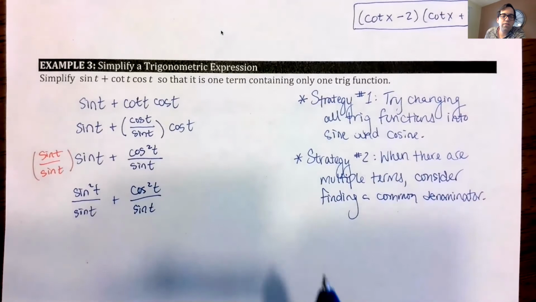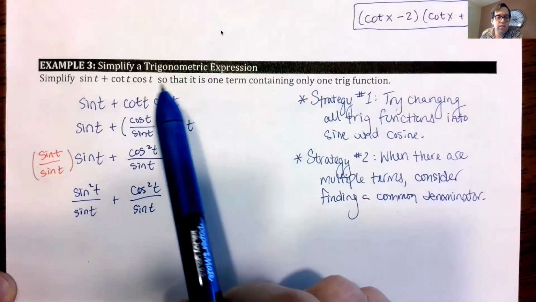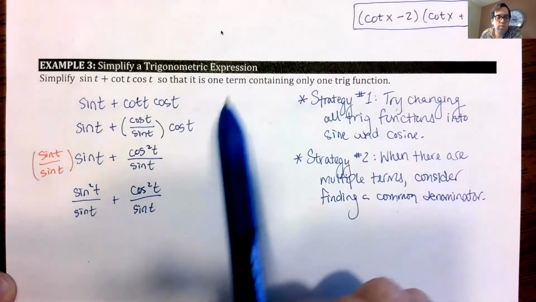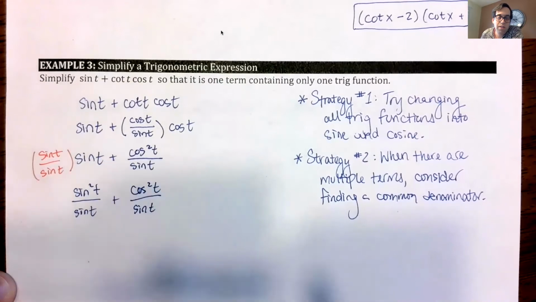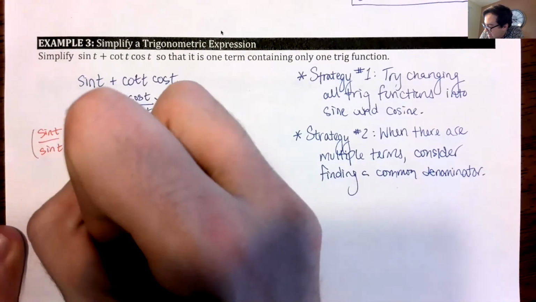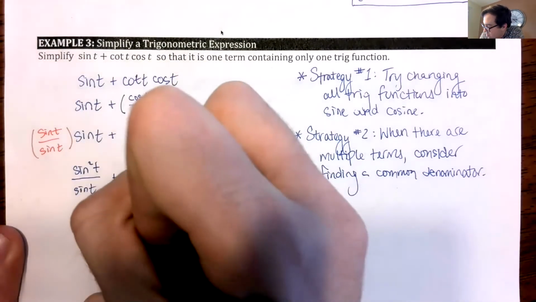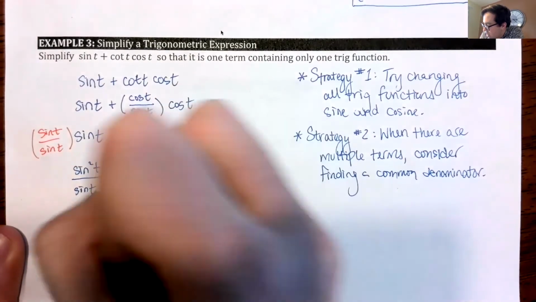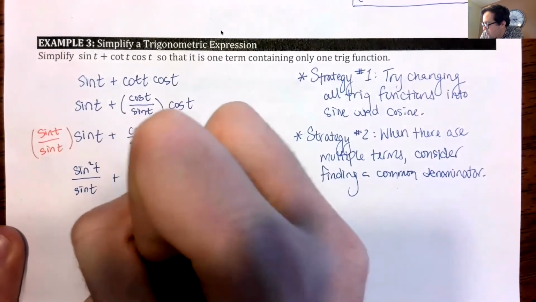Another reason that I wanted to consider doing that is because this is supposed to end up as one term. So somehow these are going to combine. Might as well try to find a common denominator so that they can combine a little bit easier. So now we have our common denominator, so the numerators can add. And the denominator stays the same.